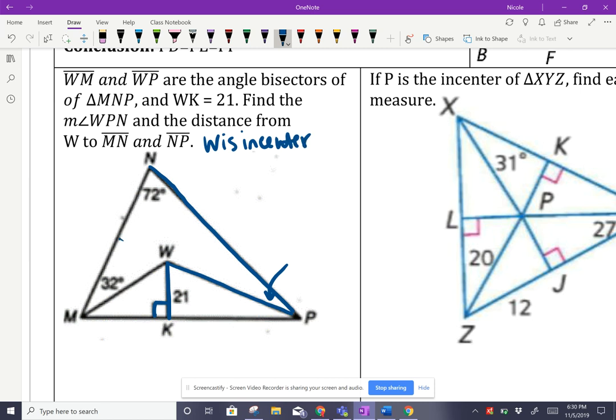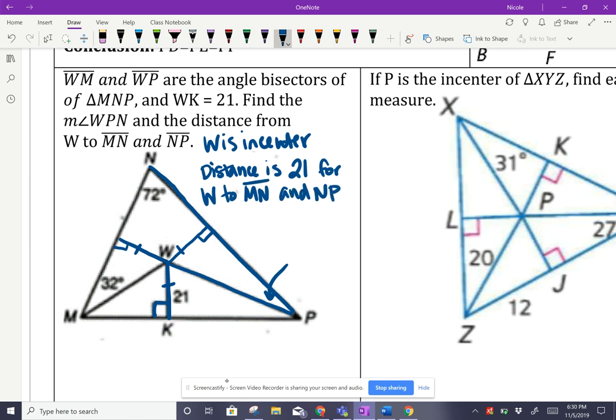So from W somewhere to the side over here and from W somewhere to the side over here, these are going to create right angles. And they're all going to be congruent to WK. So I can go ahead and tell you that the distance is 21 for W to MN and NP. So that's part of that question answered.